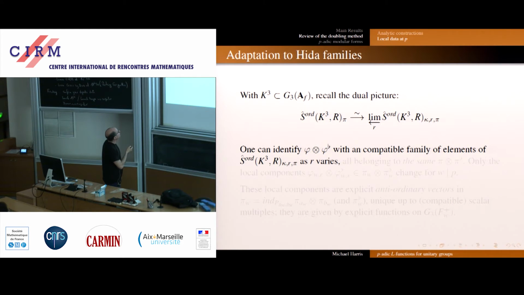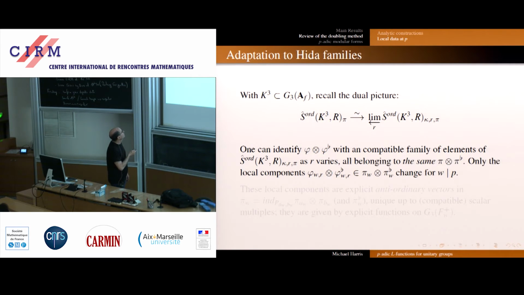You can identify this phi tensor phi flat with a compatible family of elements. This is in this inverse limit. I won't try to explain how that works. And they all belong to the same automorphic representation. The only thing that changes is the local component at the p-adic places.